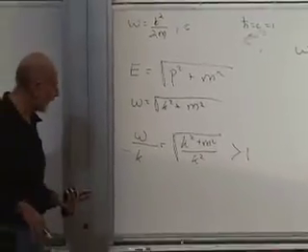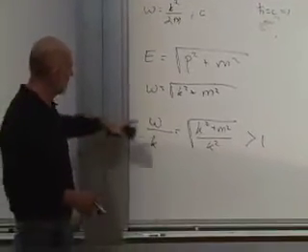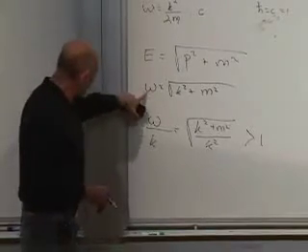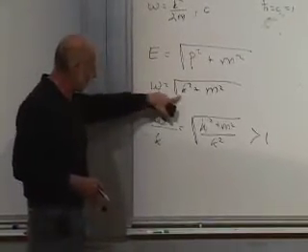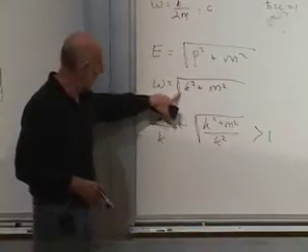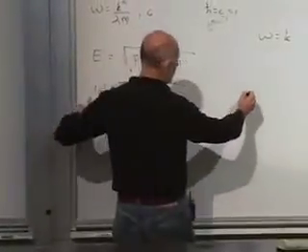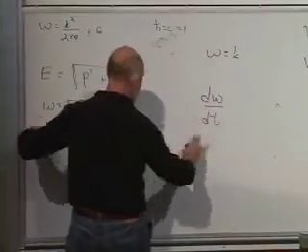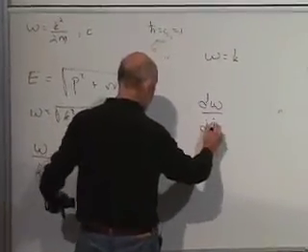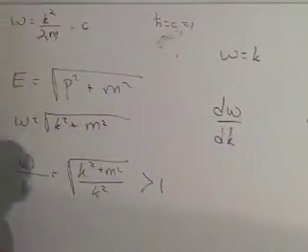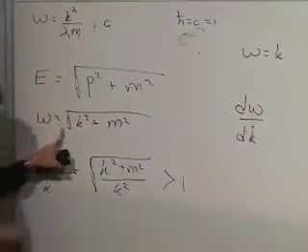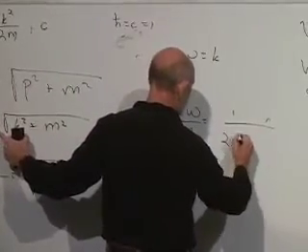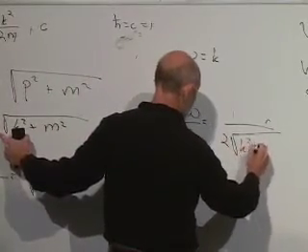But what about the group velocity? Let's work that out. The group velocity is the derivative of omega with respect to k. All right? What's the derivative of omega with respect to k? We have to take the derivative of a square root. That gives us 1 over twice the square root of k squared plus m squared.